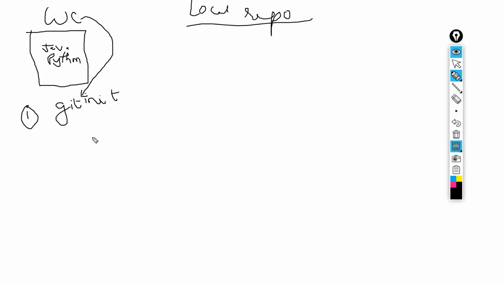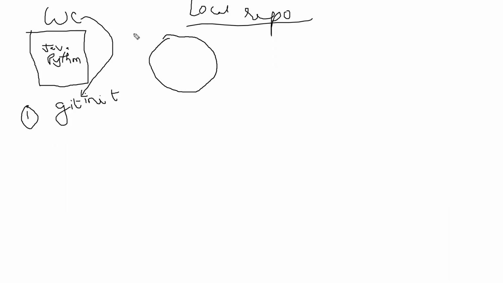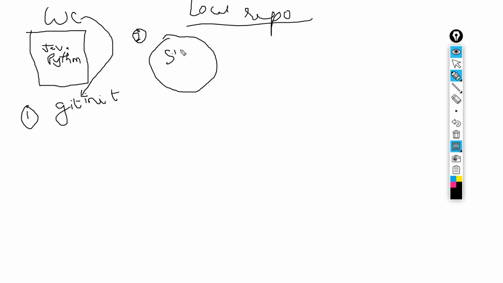After this, we have two areas. One is the staged or index area. The second one is stage or index.